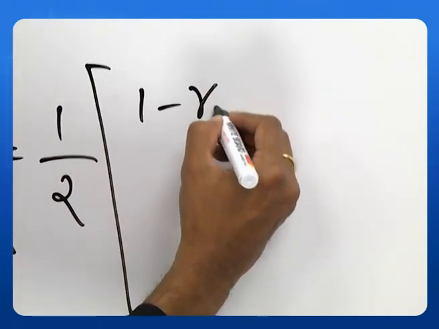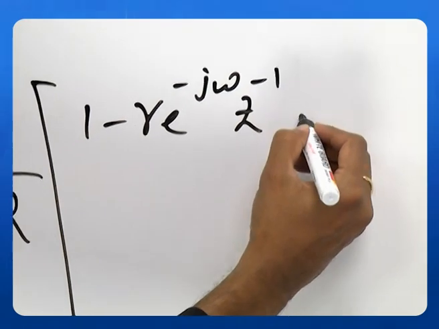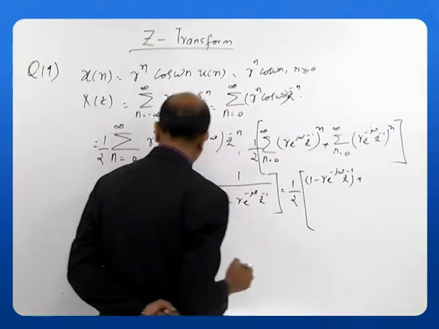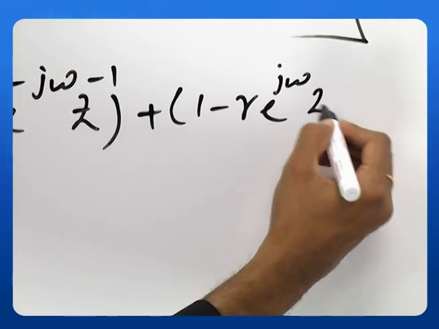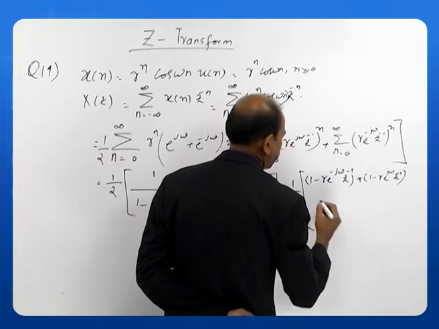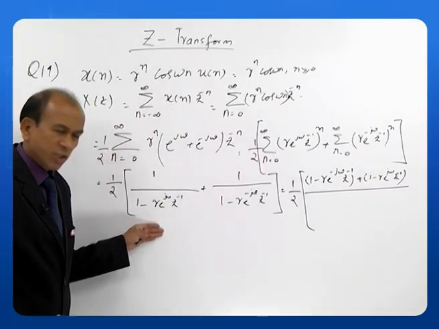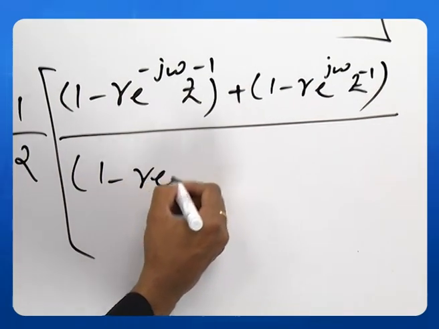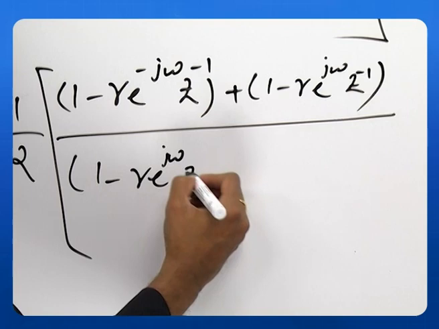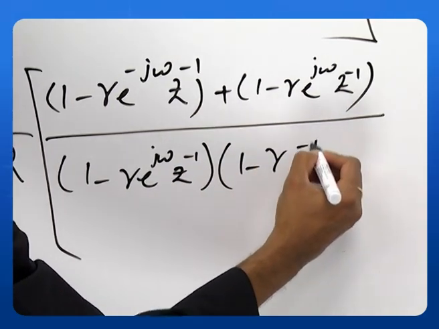(1 minus r e to the power of minus j omega z to the power of minus 1) plus (1 minus r e to the power of j omega z to the power of minus 1), divided by the product of these two, that is (1 minus r e to the power of j omega z to the power of minus 1) into (1 minus r e to the power of minus j omega z to the power of minus 1).